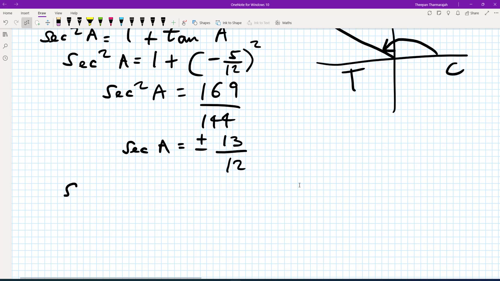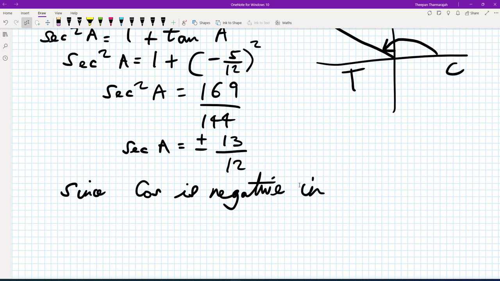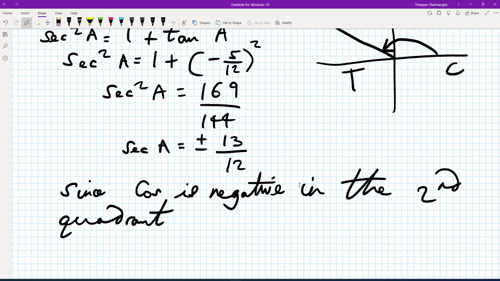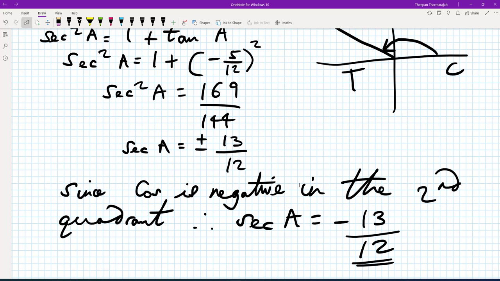So we can say, since cosine is negative in the second quadrant, therefore sec A is minus 13 over 12.